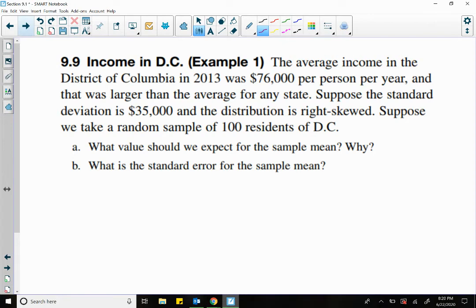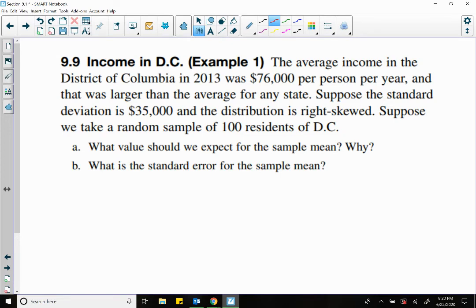All right. And last but not least, you'll see one like this. Go ahead and pause the video. Give this one a shot. Okay. In this one, it says the average income in the District of Columbia in 2013 was $76,000 per person per year. And that was larger than the average for any state. Suppose the standard deviation is $35,000 and the distribution is right skewed.